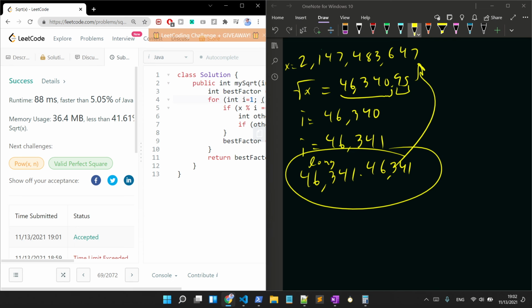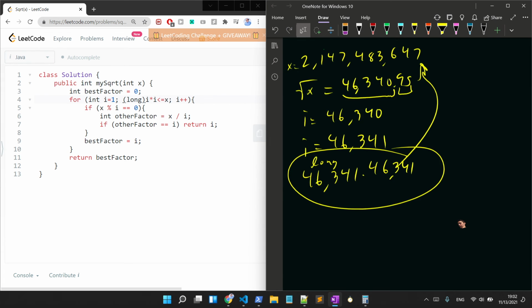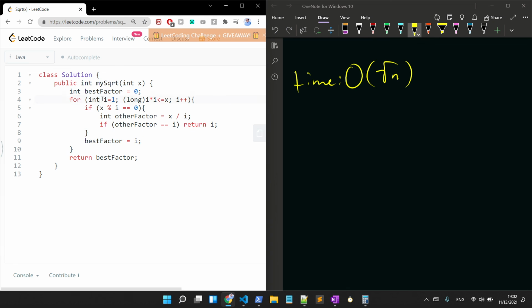Now, I believe the time complexity of this is O of square root of n, because we're going from 1 up to as long as i times i is less than or equal to x.